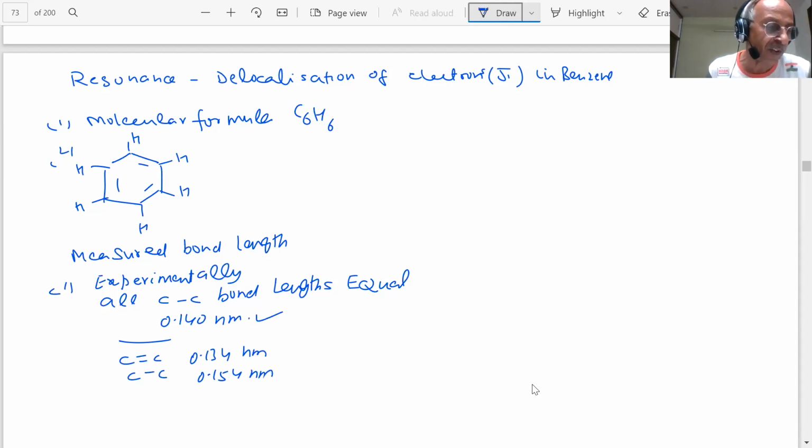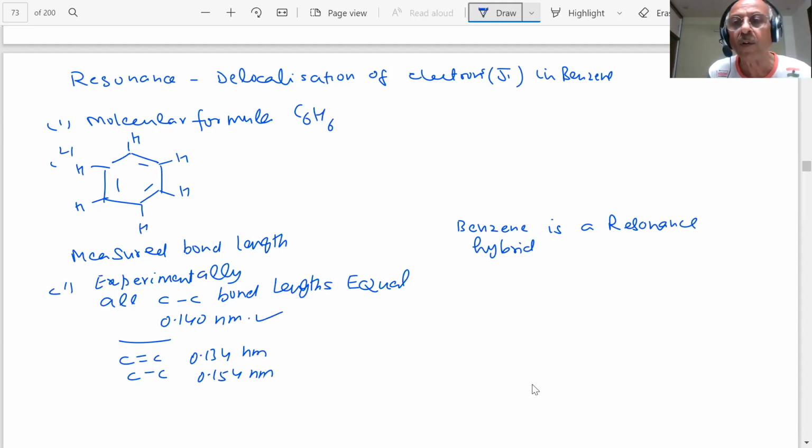So originally we explained that benzene is a resonance hybrid of 2 Kekulé structures. What is happening in benzene? These double bonds are shifting.